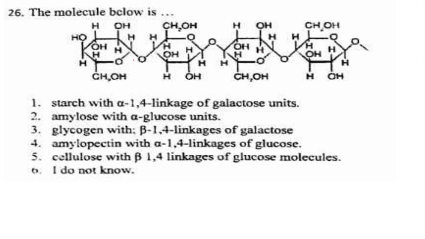If you look at the naming, this is carbon 1, then 2, then 3, then 4. And then this one has 1, 2, 3, 4. So mostly this is a 1,4 glycosidic bond. That's the first thing you need to identify.